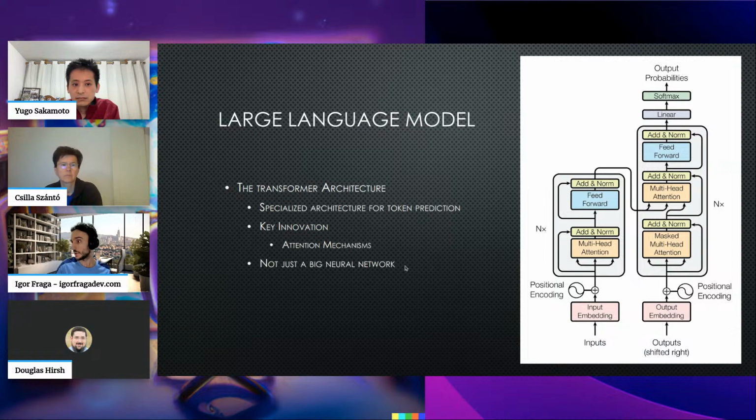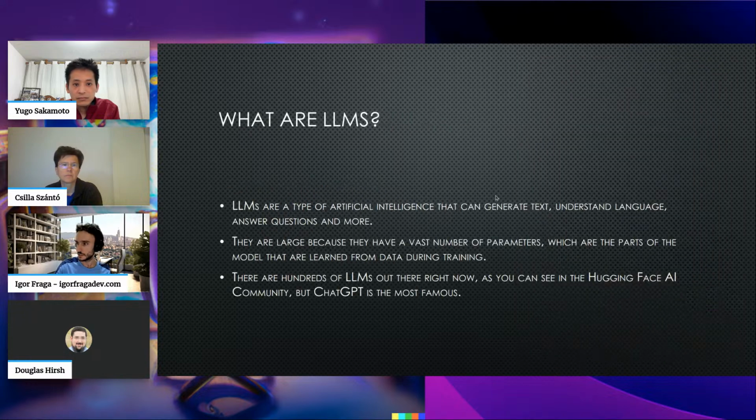Great, but what does that mean? Well, we have an example here of the transformer architecture that does this magic, but especially, we add an input, and this generates stuff for us.